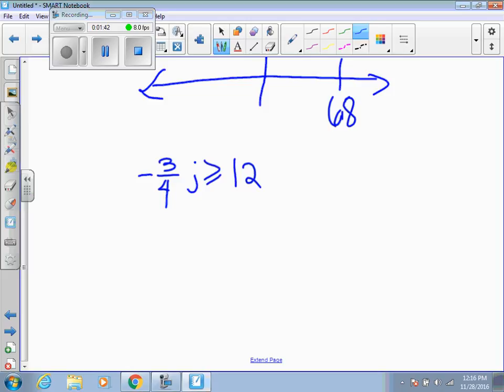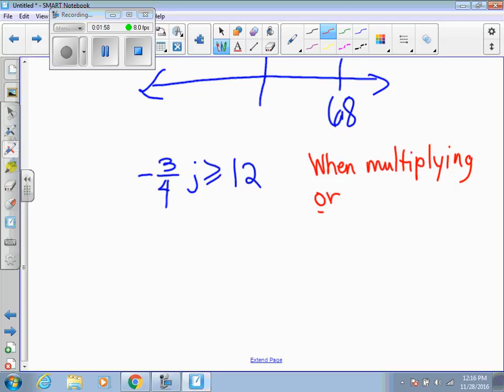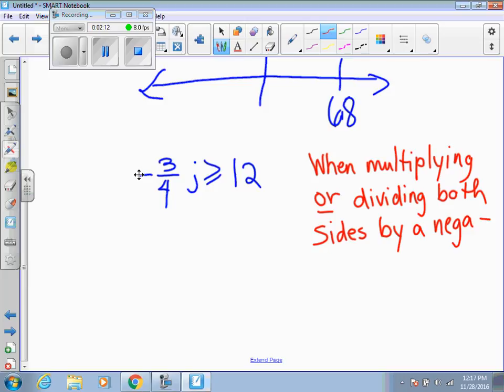The rule is that when you are going to solve a problem and you are going to multiply or divide, when multiplying or dividing both sides by a negative, you must flip the direction of the inequality.